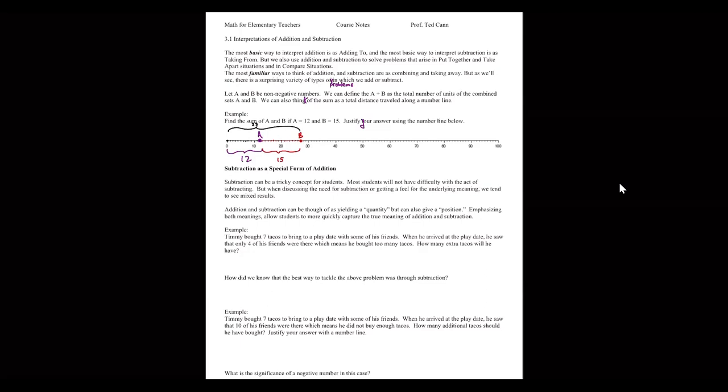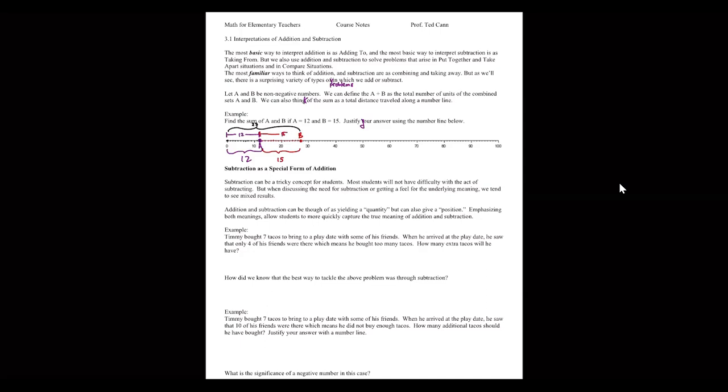So this first piece is 12 units. Let me just move this and bring it back in a sec. Put it underneath. And then this guy is the 15.